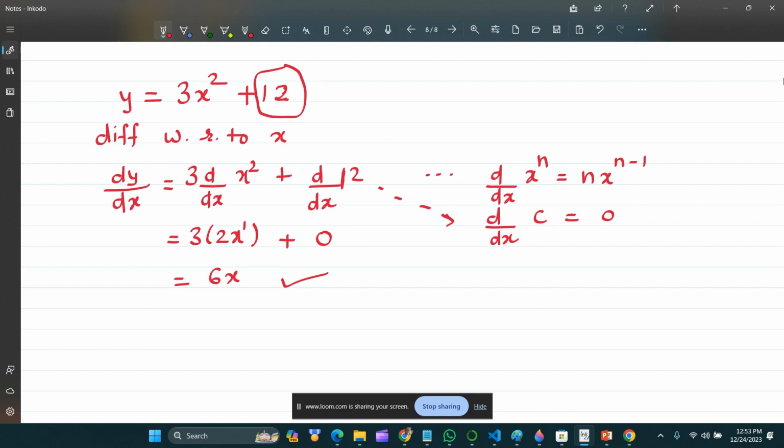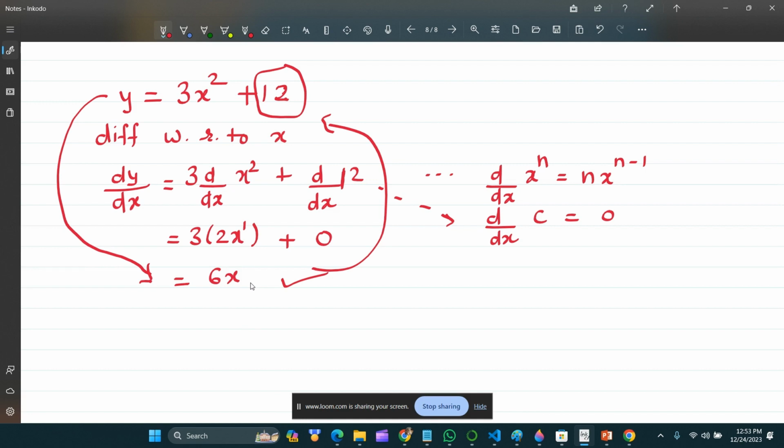We just saw that the definition of integration is the anti-derivative. If the derivative of this function is 6x, then the integration of 6x will be this original function. Here the constant may be 120, 1020, 200, whatever. We don't know the number.